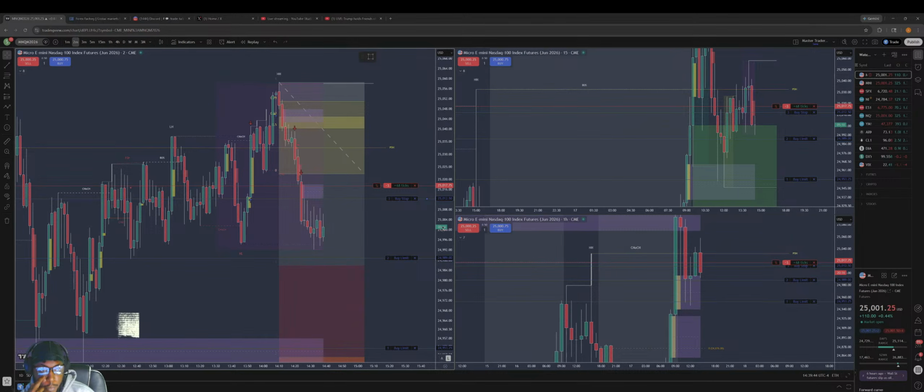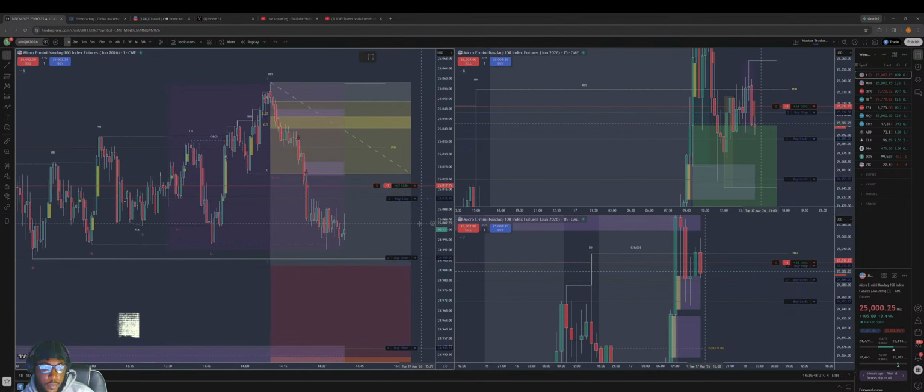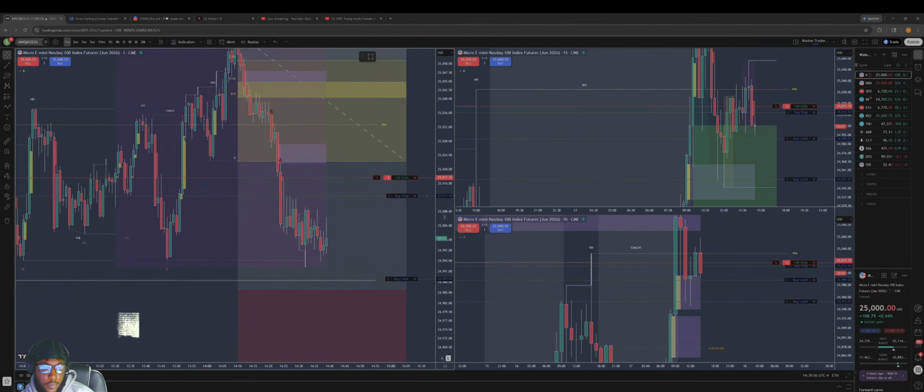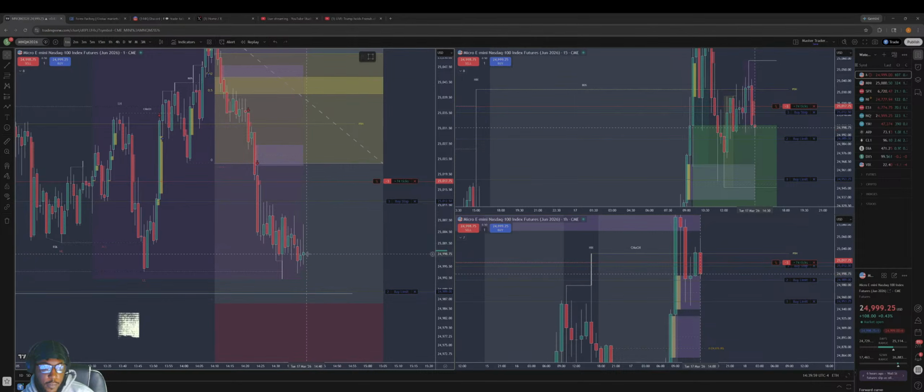All right, we got a little buyer spike right then. See, these buyers are trying. They're trying to defend this low. They're really trying to defend this low right here.